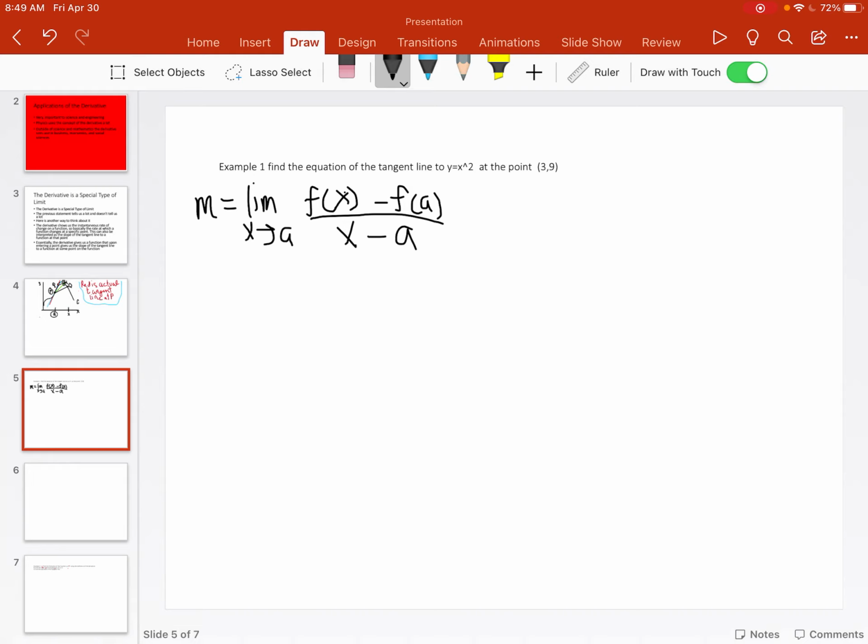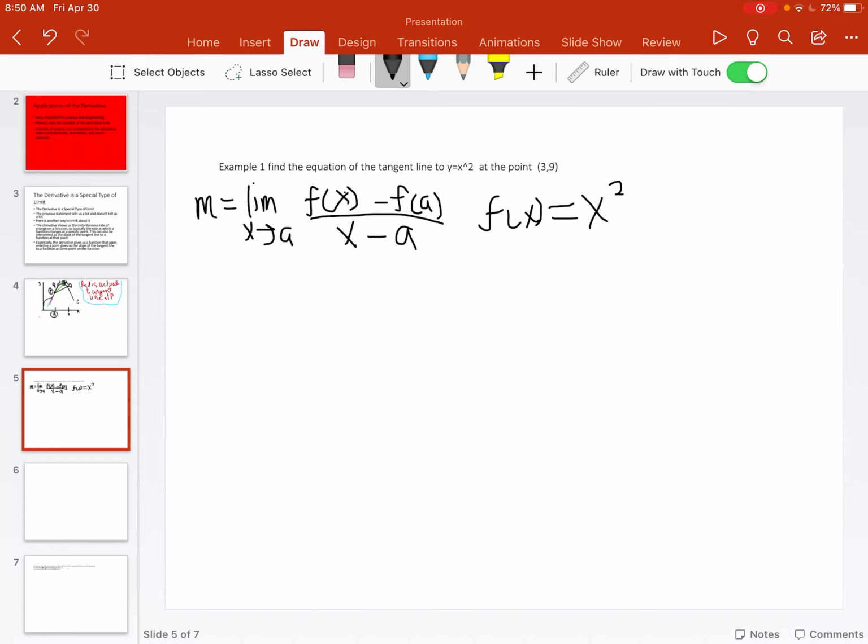So I want you to look at this closely. What is our f of x? By looking at the question, we see that f of x is just x squared.